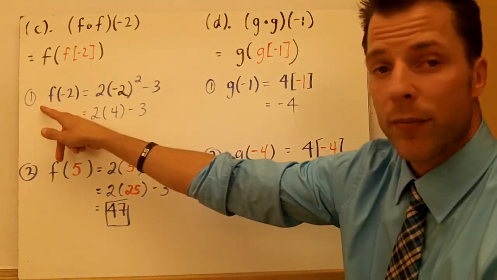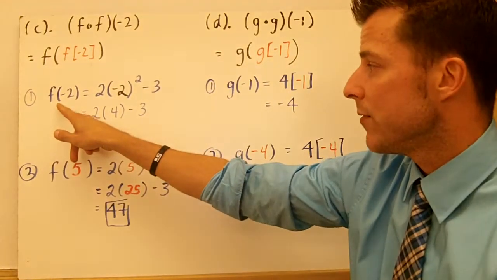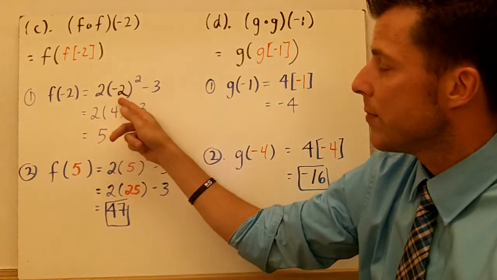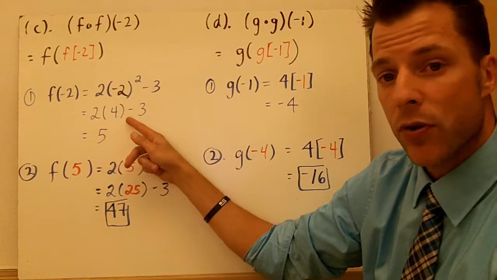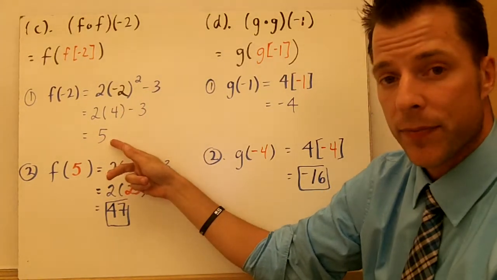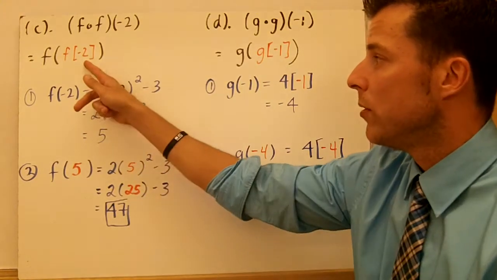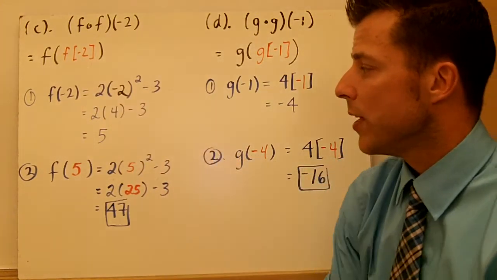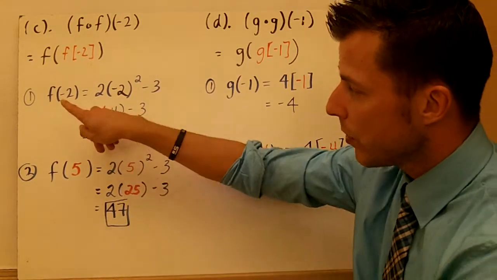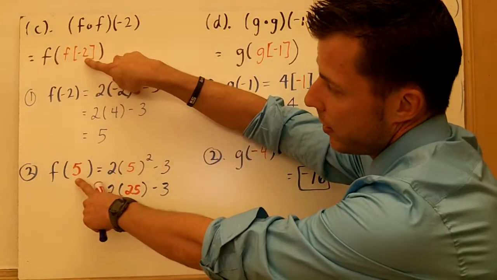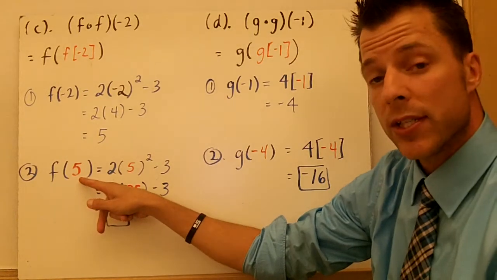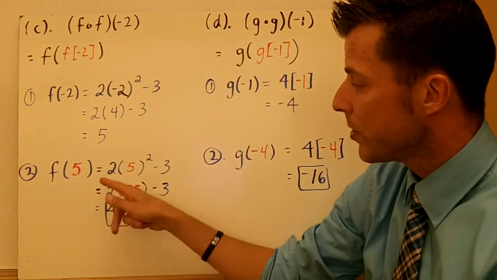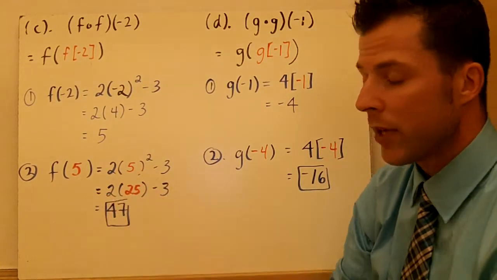So step number 1, find f of negative 2. 2 times the quantity negative 2 squared minus 3 becomes 2 times 4 minus 3, which is 5. So now that you know f of negative 2 is 5, you're going to replace the f of negative 2 with 5, and now 5 gets plugged into the same function f. So you plug 5 in and simplify, and we get 47.